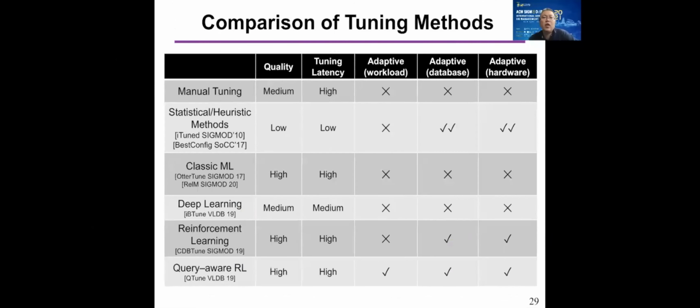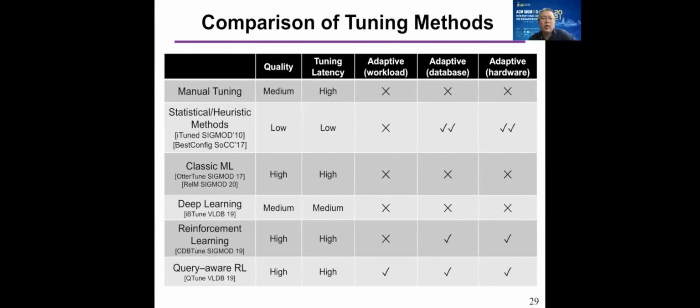Here is a comparison of different methods. We compare different methods in different rows, and each column is a different metric. For example, the tuning quality, the tuning latency, workload adaptivity, database adaptivity and hardware adaptivity.